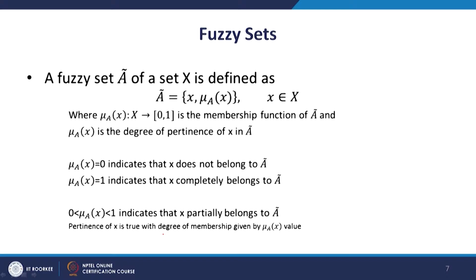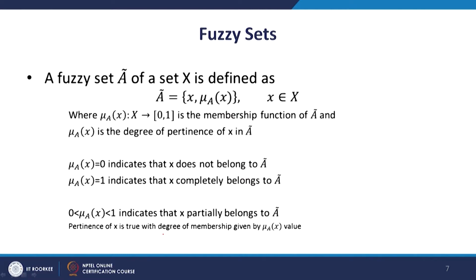This mu A of x indicates the degree of pertinence of an element x in A tilde. So, for the element x that is coming from the set capital X, the degree of pertinence, in the sense of the degree of membership of this particular element x in the fuzzy set A tilde.